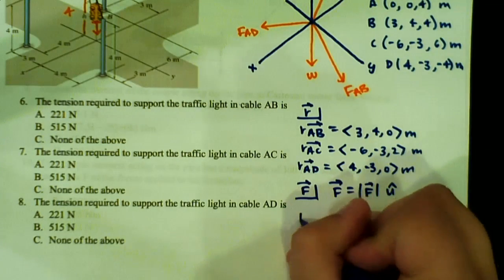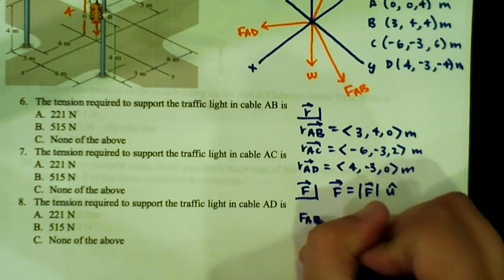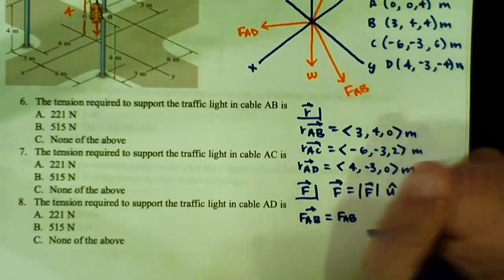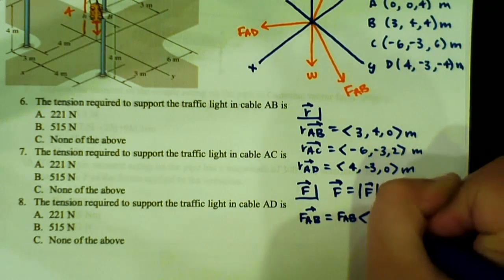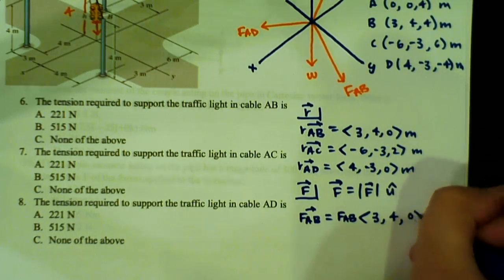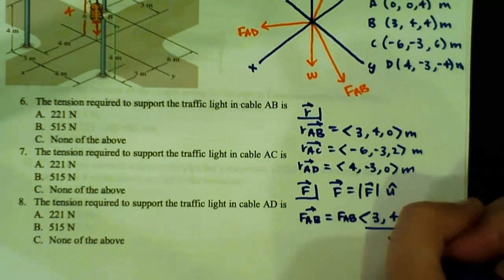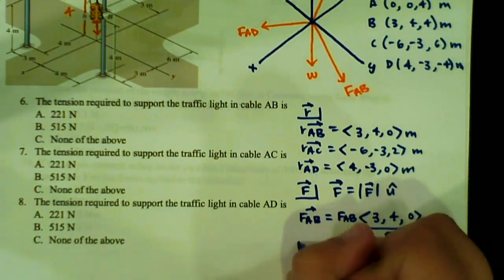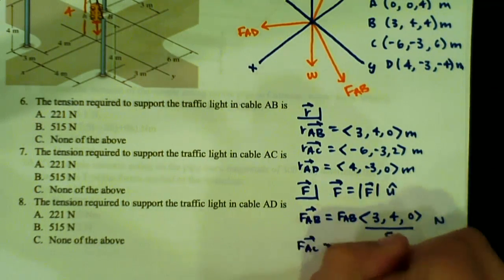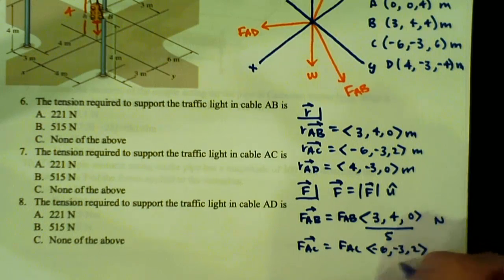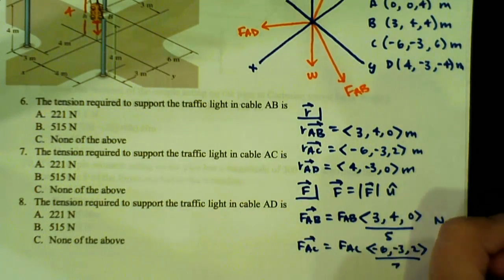So in that case, we know FAB is equal to the magnitude of FAB times its unit vector, which is 3, 4, 0, divided by its magnitude, which is going to be 5. For FAC, it's going to be -6, -3, and 2, all over 7.